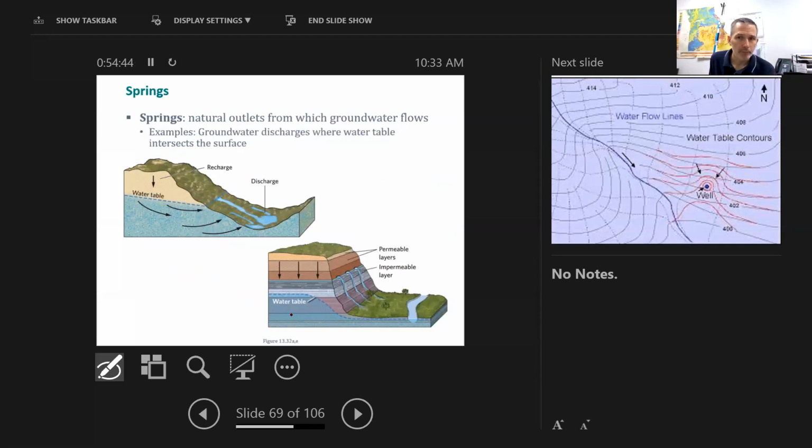And so we can actually plot which way the water is flowing. In some cases, if the water table hits the landscape, water is going to seep right out of the ground, and we call these seeps or springs. In this case, the water is hitting the ground, and so we have this water literally washing out of the ground.